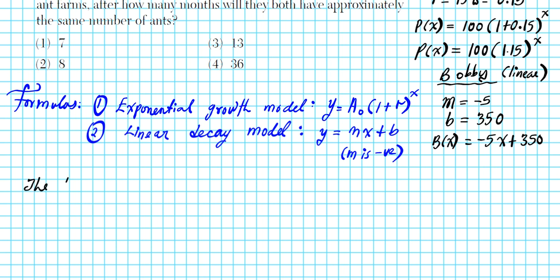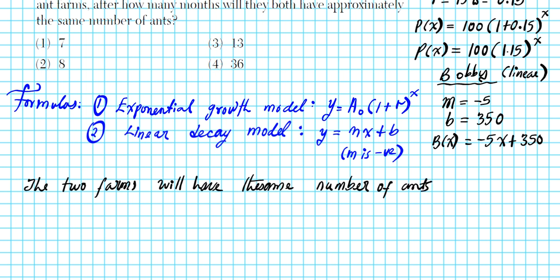The two farms, Pedro's and Bobby's, will have the same number of ants when p of x, the exponential growth model for Pedro, is equal to b of x, the linear decay model for Bobby. So all we do is simply set the two equations equal to each other.